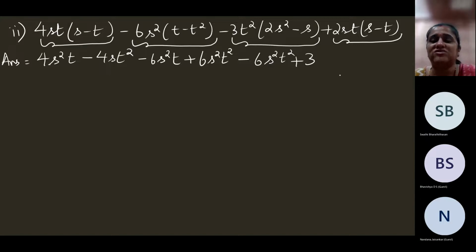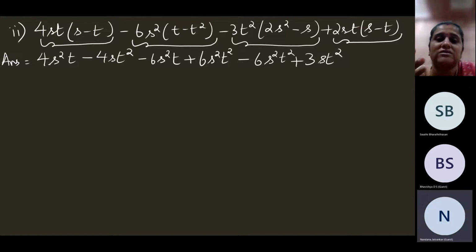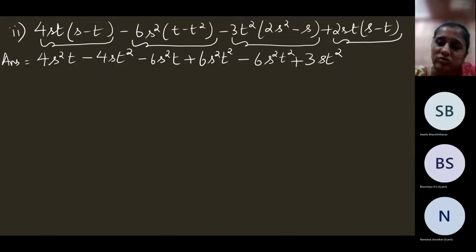So we'll write this as t square s or st square? St square, ma'am. Sometimes we will not realize that they are like terms, that's why. Now you have two ways of writing, either t square s or st square. You search which is there. So there is st square, so write this also as st square.